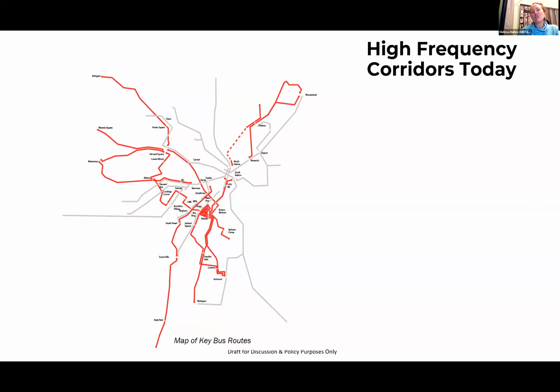And I think you can see, looking at this map very quickly, that there's some gaps in the map that we really want to address through Bus Network Redesign. You can see there's nothing in Everett at all, nothing in Medford and Malden, Somerville, nothing to Lynn, nothing to Kendall Square, nothing in South Boston.